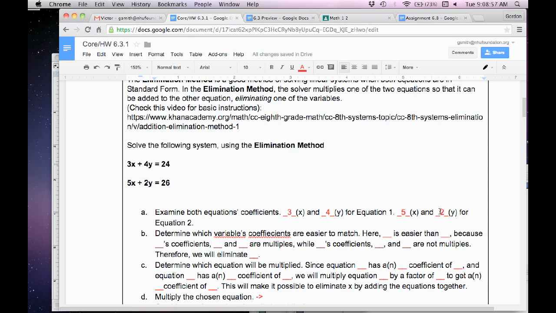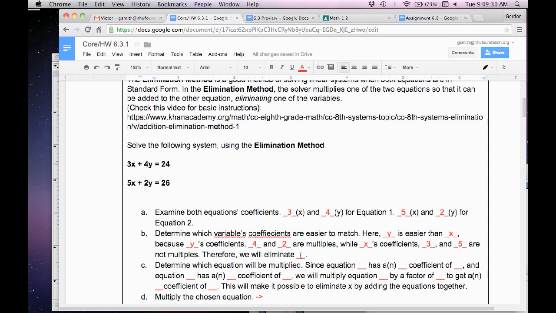So the 2 and the 4, which go with the y, are easier than x because y's coefficients, which were 4 and 2, are multiples, while x's coefficients, in this case 3 and 5, are not multiples.